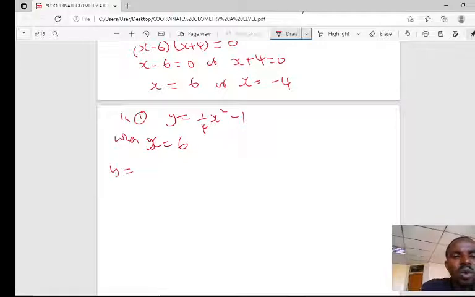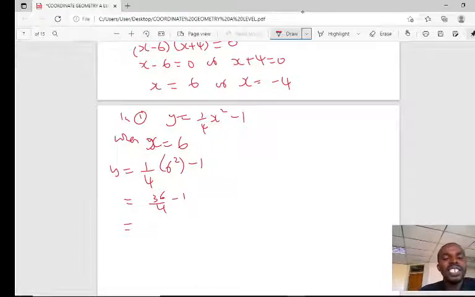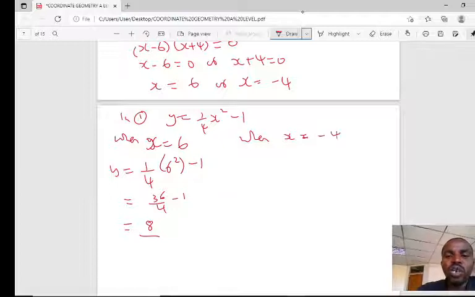Y will be 1 over 4, 6 squared minus 1, which is equal to 6 squared is 36, 36 over 4 minus 1. 4 into 36 is 9. 9 minus 1, it's 8. Then, when x is equal to minus 4, what will be y? You say y is equal to 1 quarter x squared minus 1.